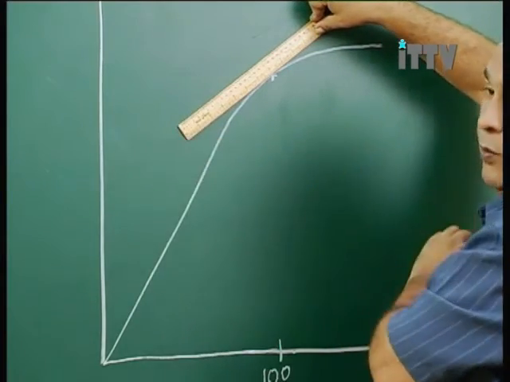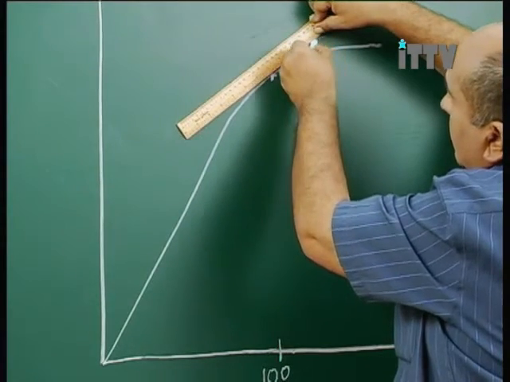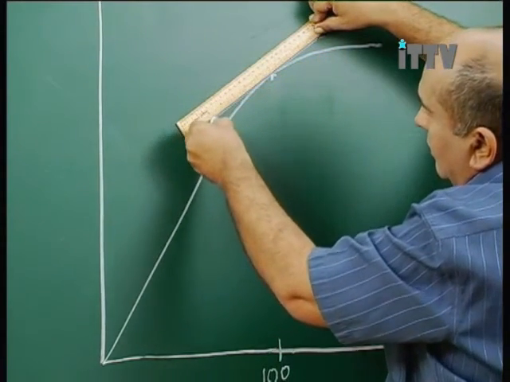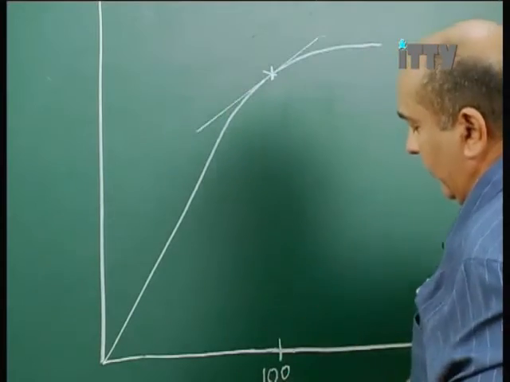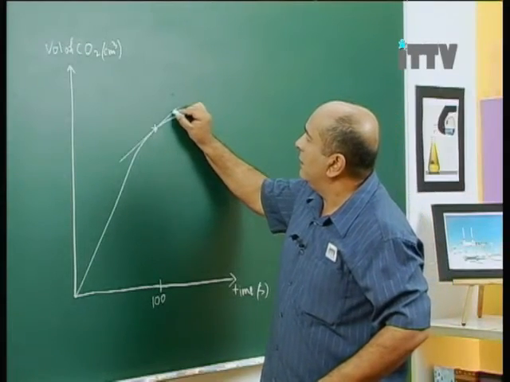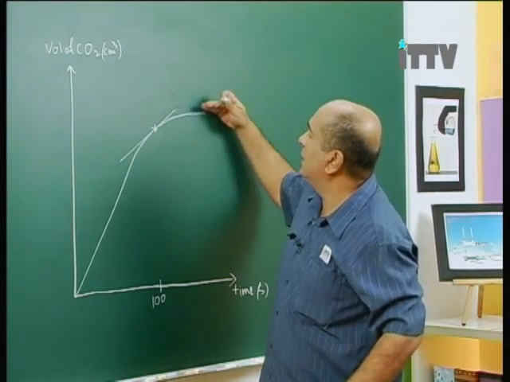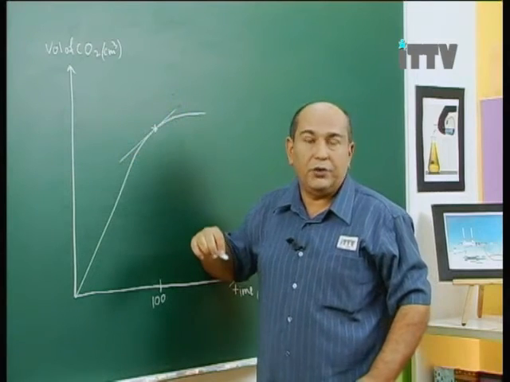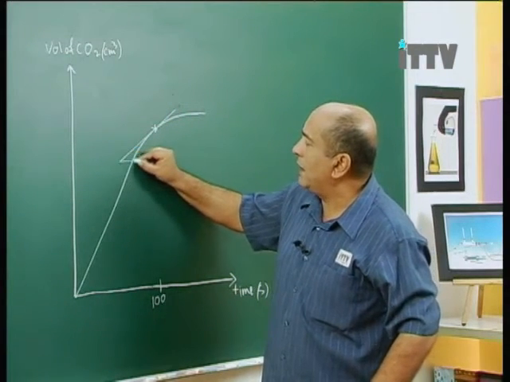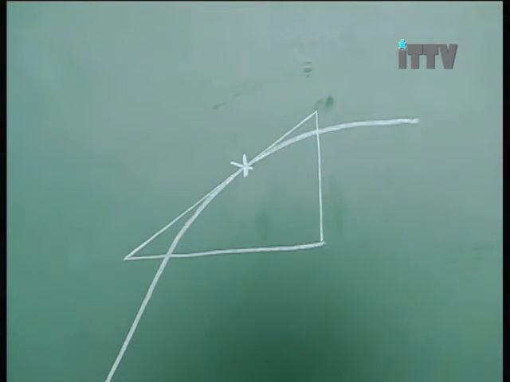Now, once you've worked out what your line should look like, draw a line like so. Once you've drawn this line, make sure that the triangle is not too big and stays within the boundaries of your values. Draw a right angle triangle like so.